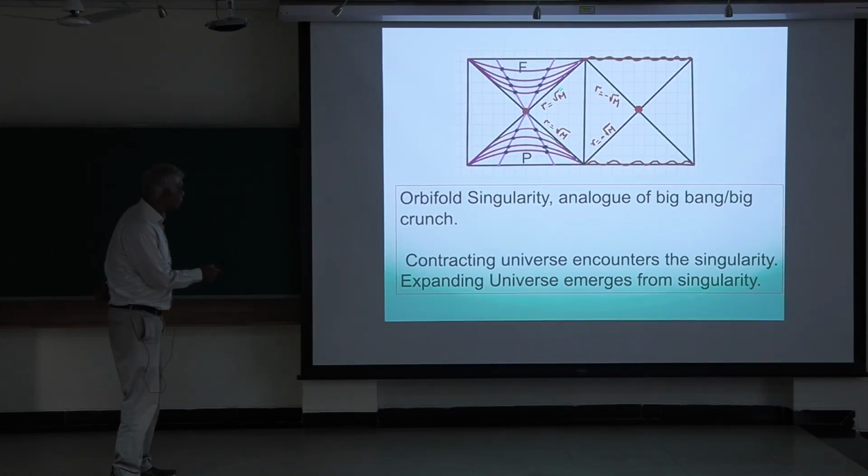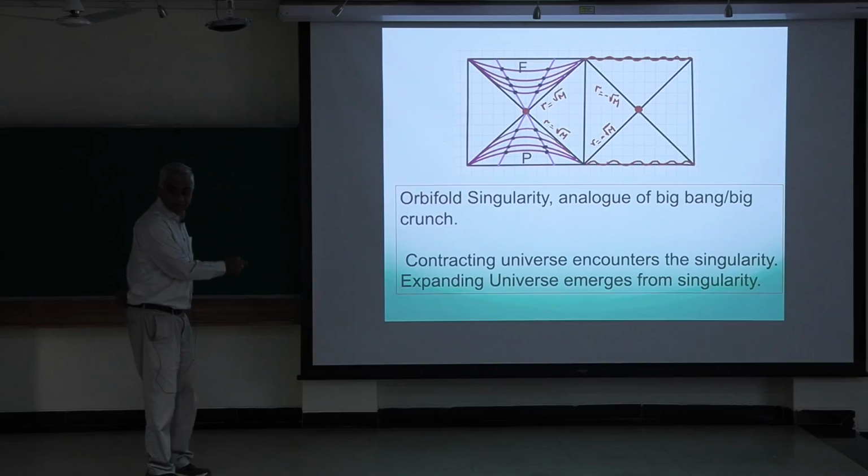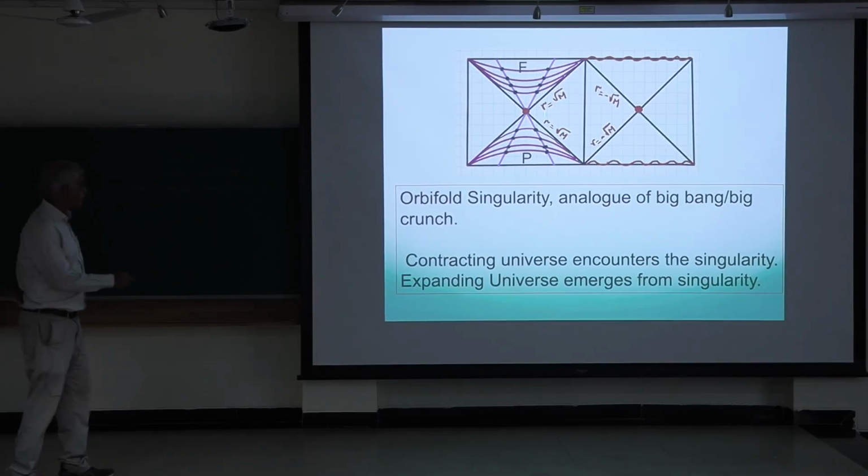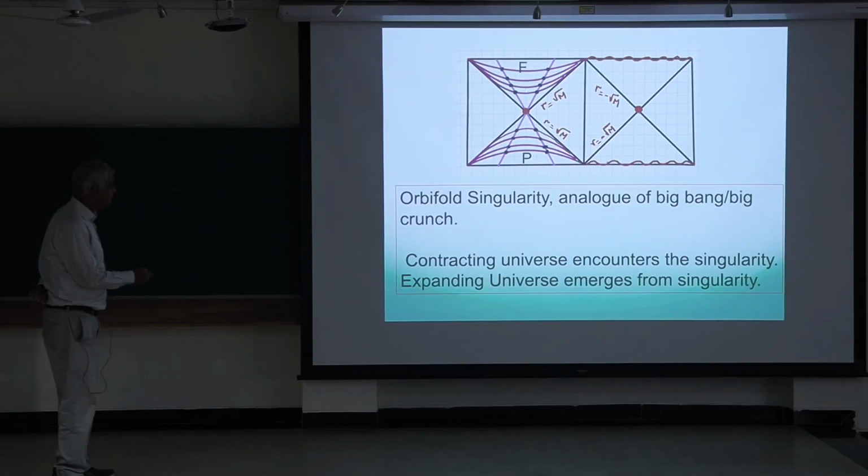It takes the value root m at the cosmological horizon, and then if you move in towards the other horizon, it decreases and becomes minus root m at the black hole horizons, and then when you move further in, it decreases even further all the way to minus infinity. So that's the behavior. I'm worried about the left side, from the future to the past. Phi seems to be not monotonic. Yeah, so that's right.